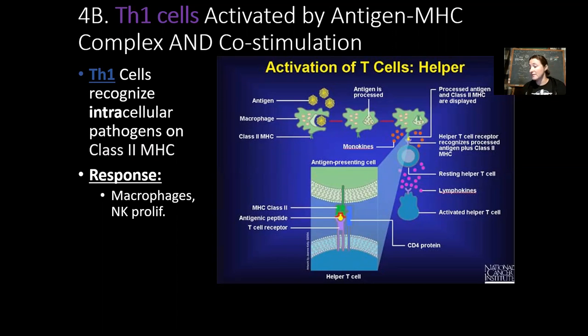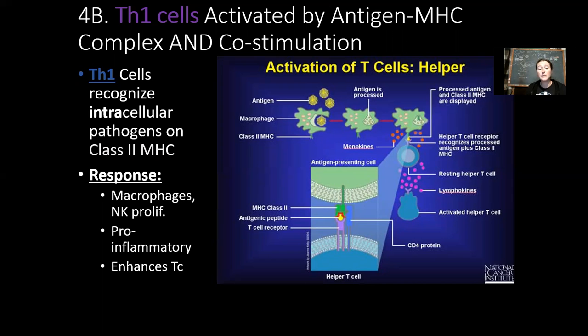And so more or less, this is going to trigger the innate immune system, right? So it's going to increase the numbers and activities of macrophages and natural killer cells, right? Both of these are part of the innate immune system, and so they are particularly good at dealing with intracellular pathogens. T helper 1 is going to trigger a pro-inflammatory response, right?